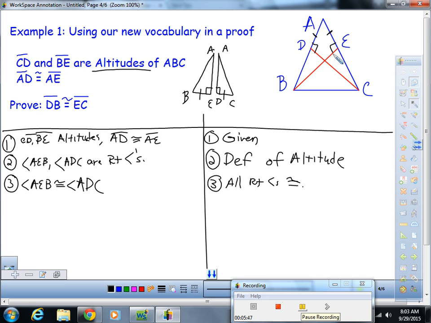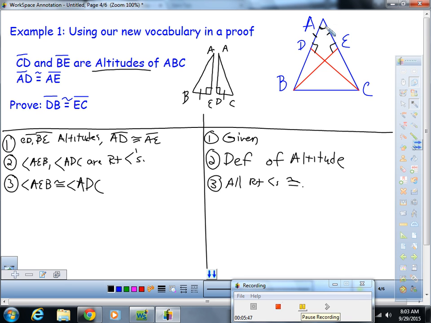Well, here's where you're just going to have to be creative, smart, and visually advanced, because we're trying to prove that those triangles are congruent. Let's see. I got these drawn a little backwards.